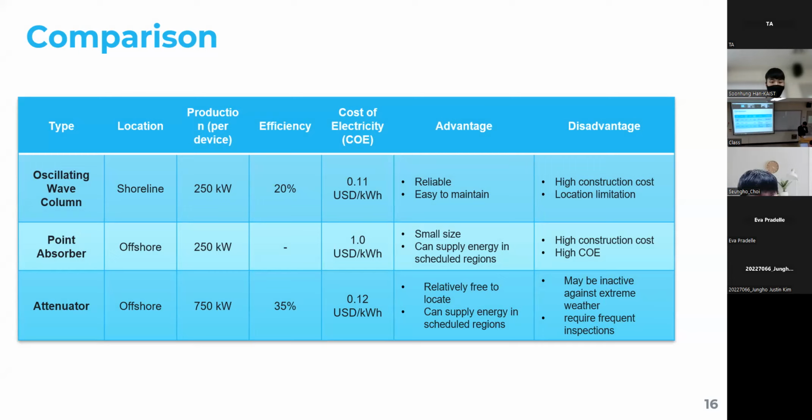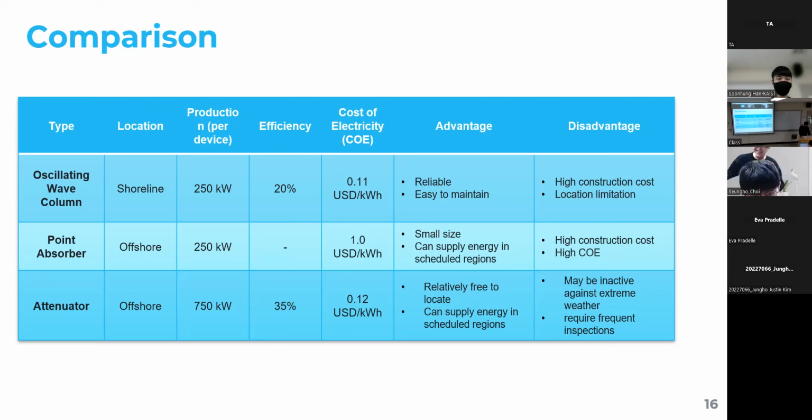Point absorber is offshore, 250 kilowatts production and 1.0 COE. It is small size and can supply energy in scheduled regions, but has high construction cost and high COE.